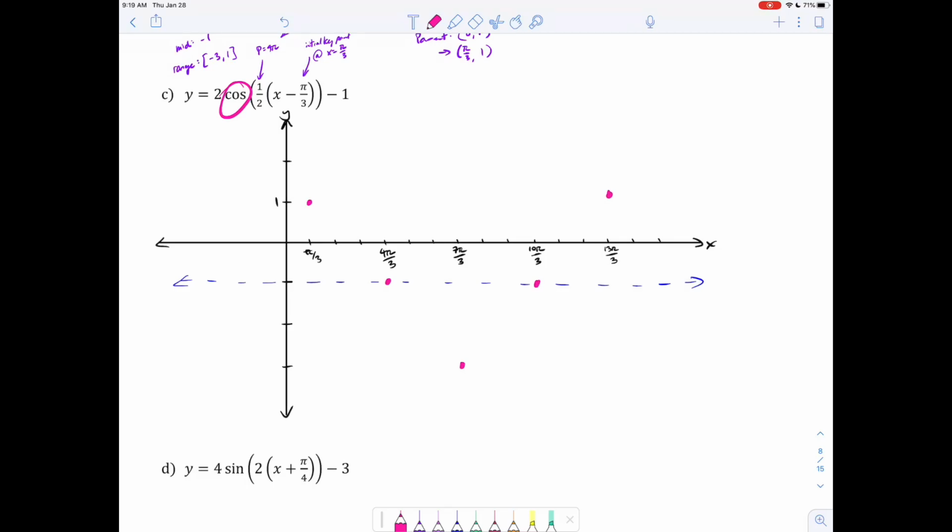And now we play connect the dots. Gently curving. And that's that one done.